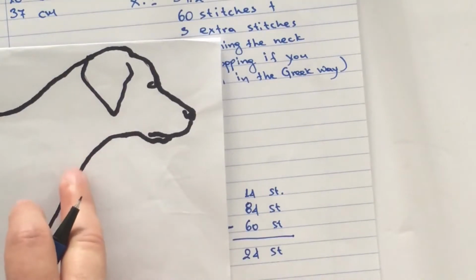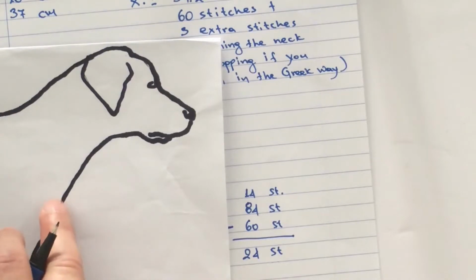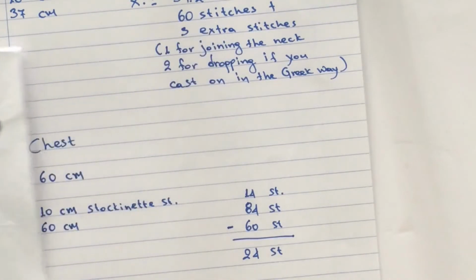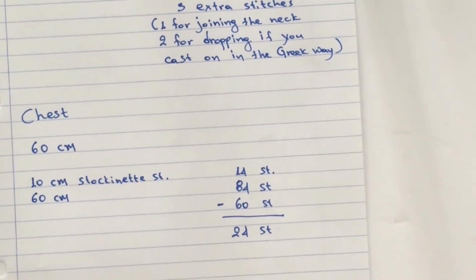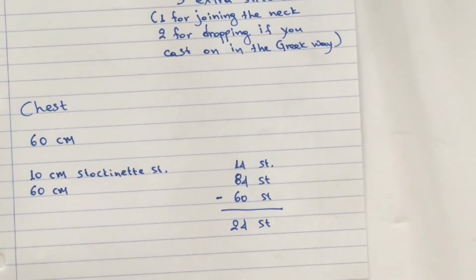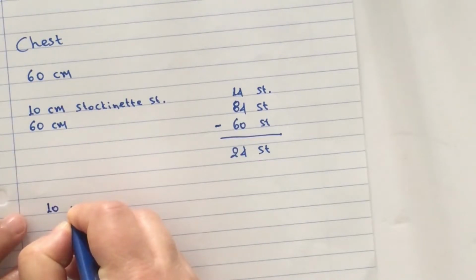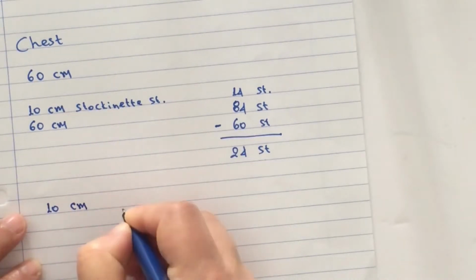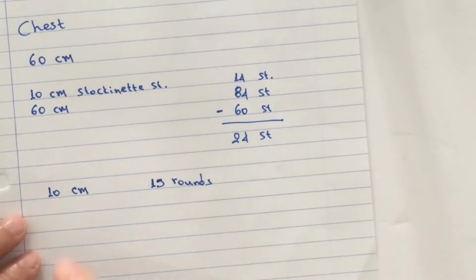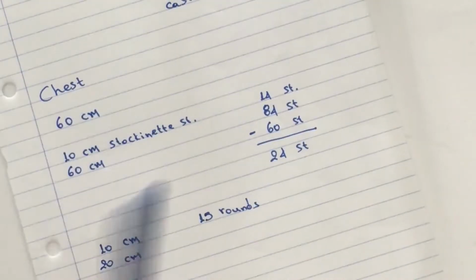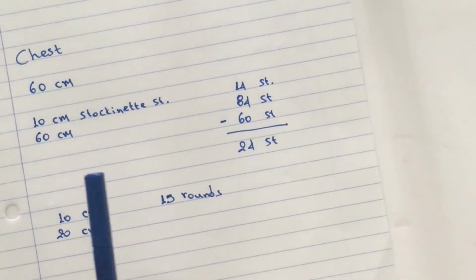As I said, I have knitted a gauge swatch of stockinette stitch, and I know that in order to get 10 centimeters of stockinette stitch in height now, I need 15 rounds. I also know that the measurement of my dog from the neck to the front leg is 20 centimeters.